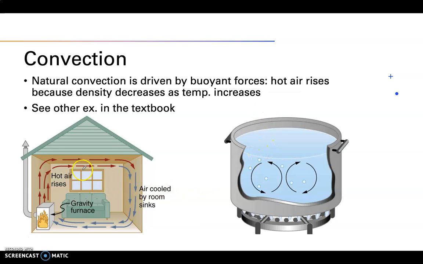Think about, like we had earlier, that there's cool air on the bottom, and it goes to the furnace, and this heats up, the hot air rises, and then it gets cooled off, and then it sinks, and so forth. So you get this circular motion.